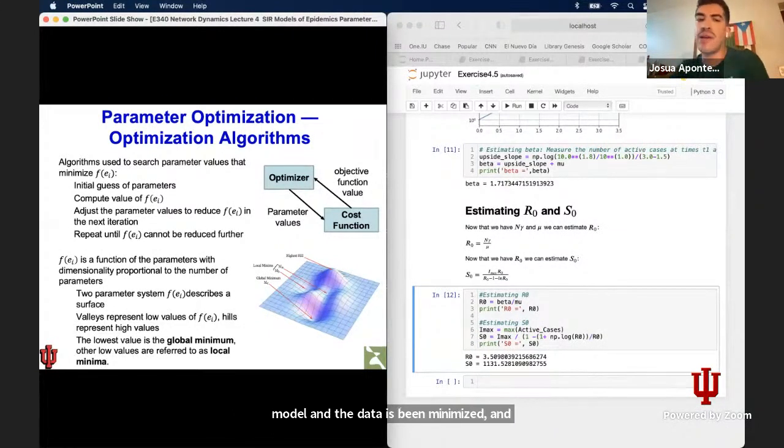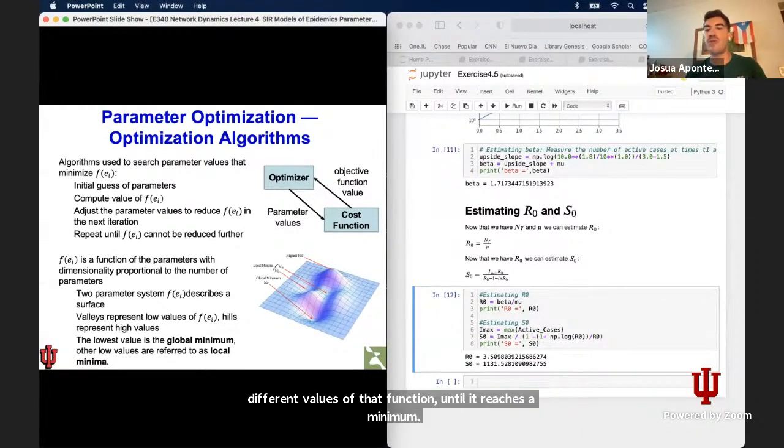This sounds a little bit conceptual now. I promise we'll get to an exercise. The idea of this graph here is that we can think of the distance between our model and our data as a function, right? A function that has a curve. And then the role of the optimizer is to explore different values of that function until it reaches a minimum.